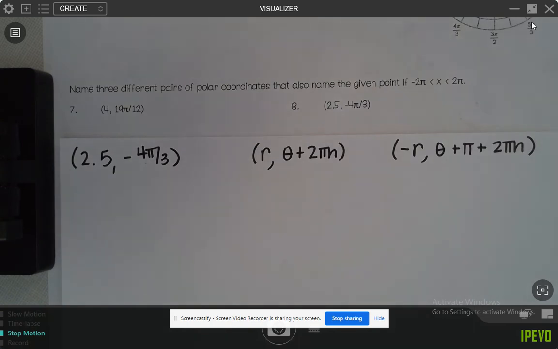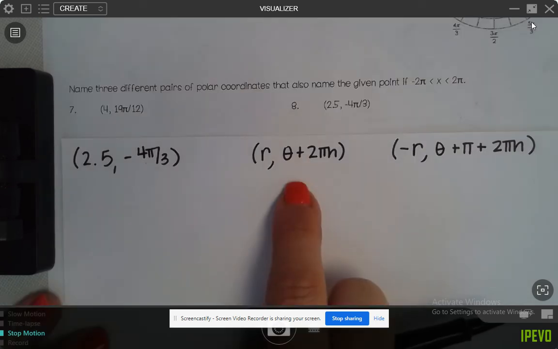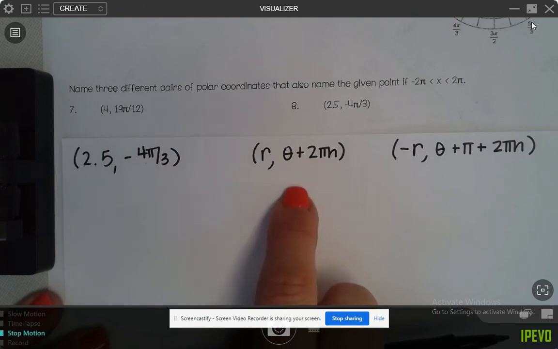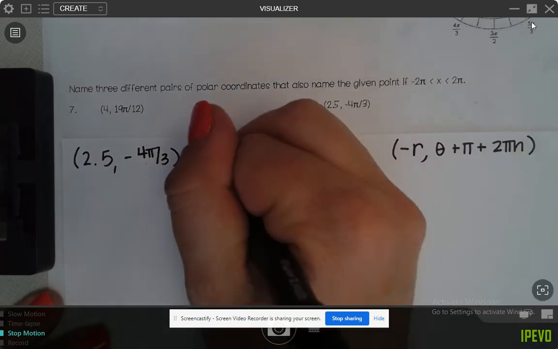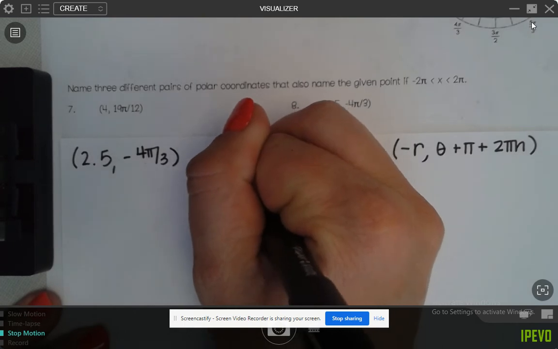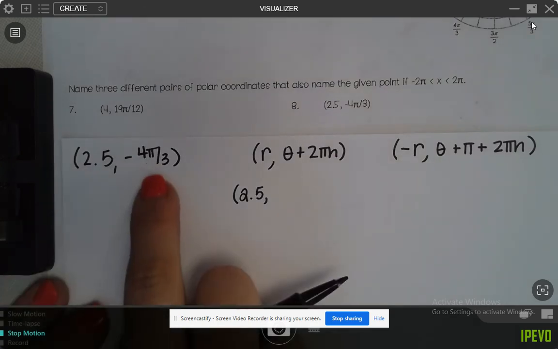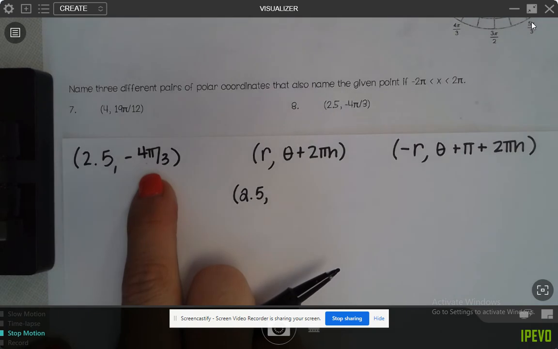Okay? Now, start with this one first. What's my radius going to stay at? 2.5. Now, here's where you got to think. Is my angle positive or negative to begin with?